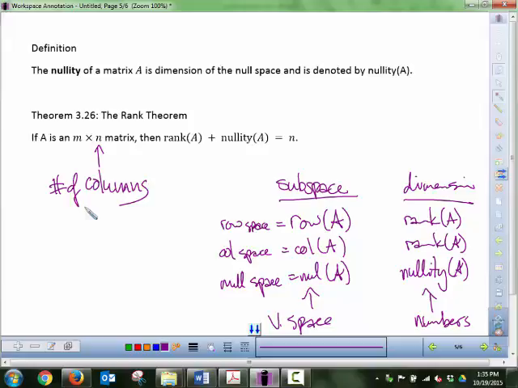It turns out that the rank of A plus the nullity of A is going to equal the number of columns that you have in your matrix.